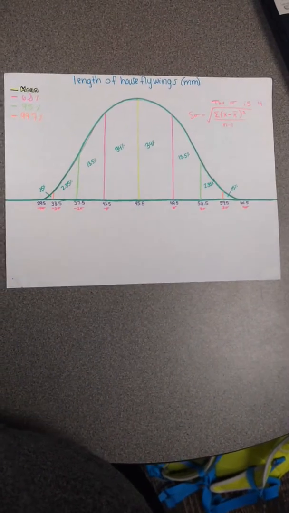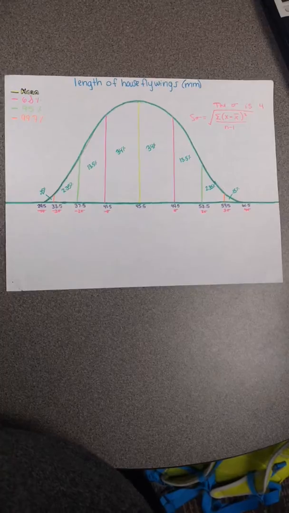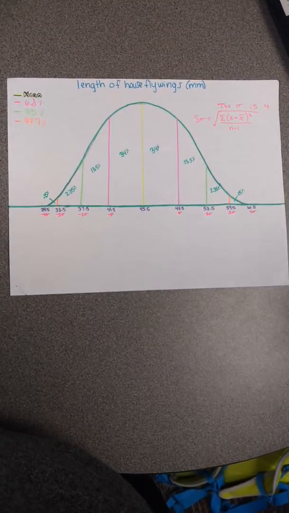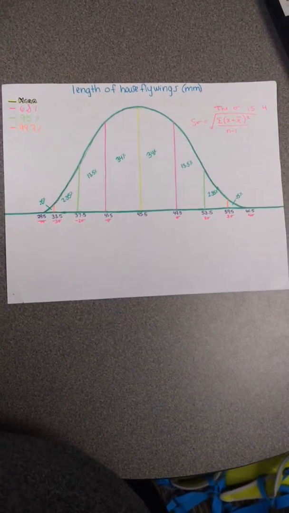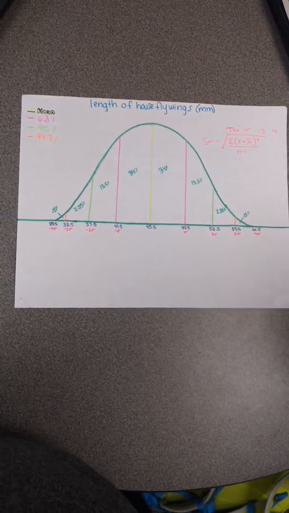So once you have your mean and your standard deviation, you can begin to make your bell curve. On your bell curve, the first thing you do is you put your mean in the very middle. Then you find each standard deviation away. So our standard deviation was 4.